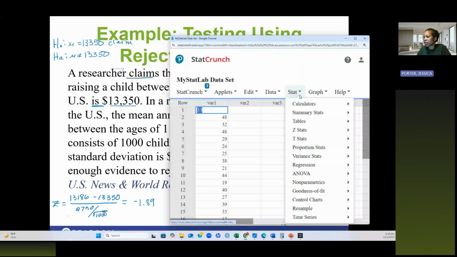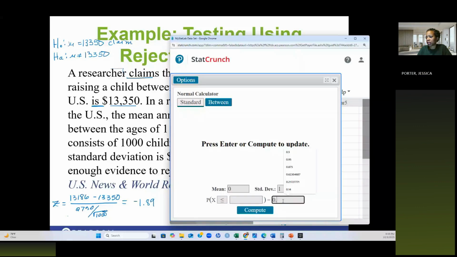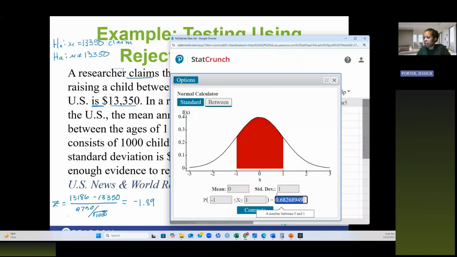Stat, calculators, normal, and that left side is 0.05. And so the left side, you define that, and you've got the right side too. So negative 1.645. I believe in the between calculator, you'll put 0.9 and you get the same thing. And we can use the between calculator because it's a two-tailed test.